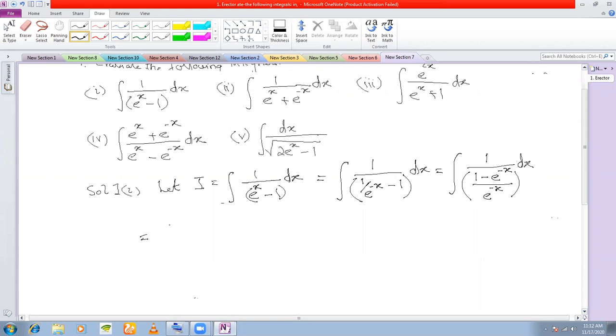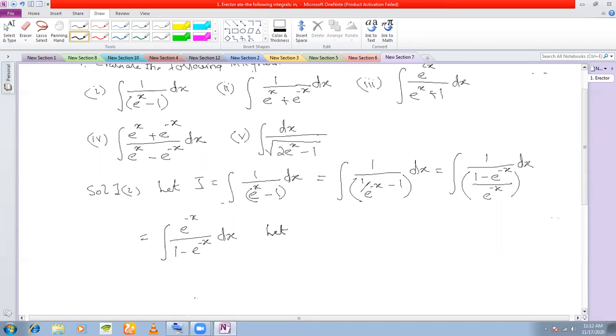Now this goes to the numerator, it becomes e to the power of minus x by 1 minus e to the power of minus x dx. Now I've got an e to the power of minus x in the numerator as well as the denominator. Now I can do some substitution in order to evaluate this.